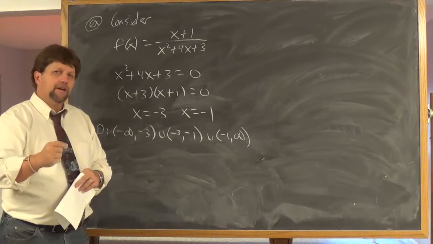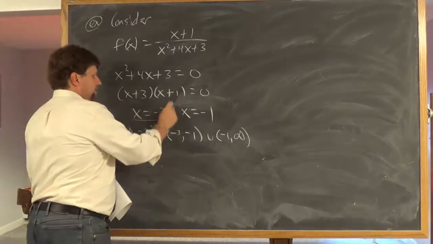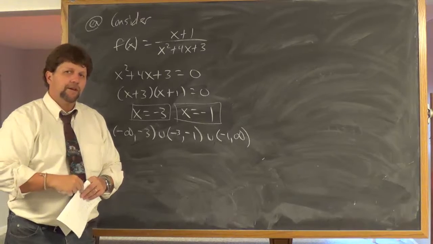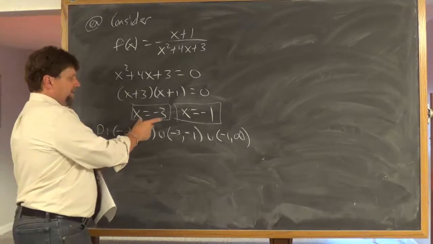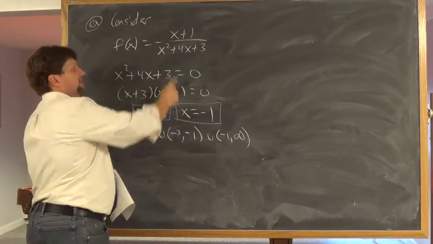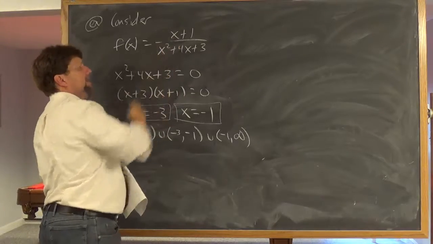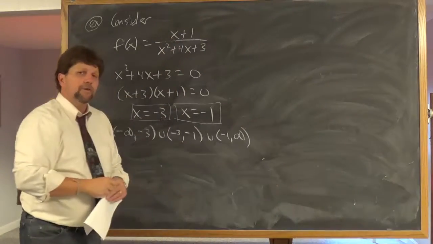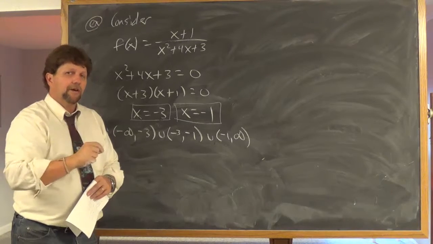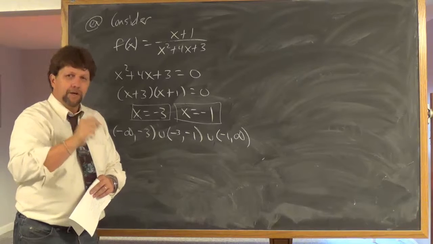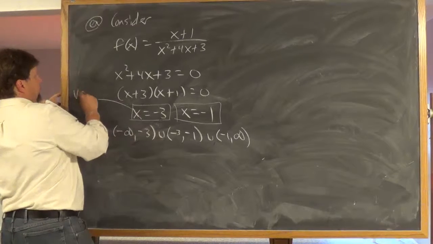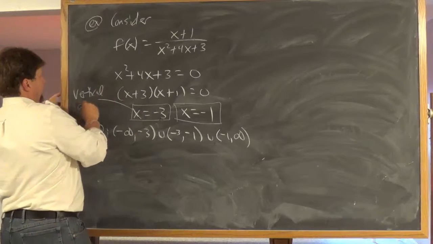And here's how you can tell. For these values of x that make the denominator 0, see what it does to the numerator. In other words, this value of x makes the denominator 0. But if you take this value of x that makes the denominator 0 and toss it into the numerator, you get -2. If a value of x that makes the denominator 0 produces a non-zero number in the numerator, that is going to produce graphically a vertical asymptote.